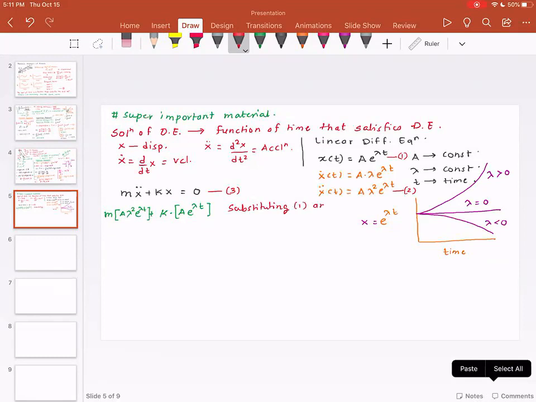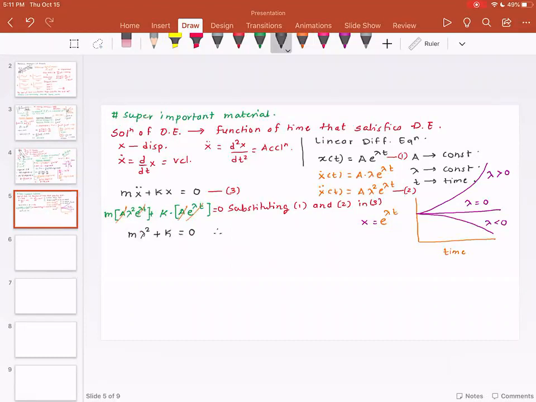I substitute equation 1 and 2 in equation 3, and I have this equation. Please note, a lot of terms get cancelled. A gets cancelled, e to the lambda t gets cancelled, and the equation that I'm left with is m lambda square plus k is equal to 0.